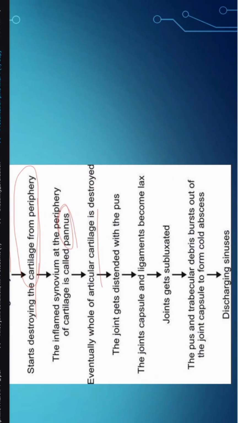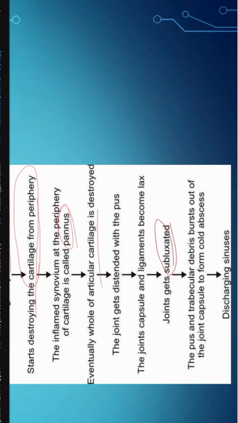The inflamed synovium at the periphery of cartilage is called pannus. Eventually, the whole articular cartilage is destroyed, the joint gets distended, and the joint capsule and ligaments become lax. After that, subluxation of the joint occurs.